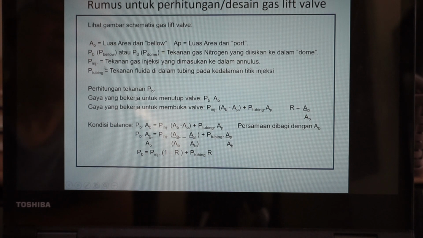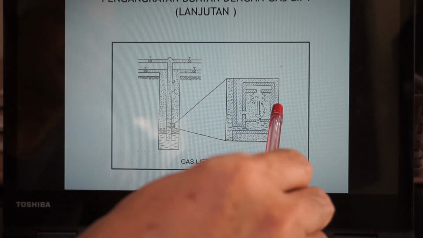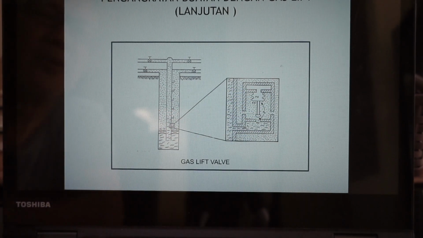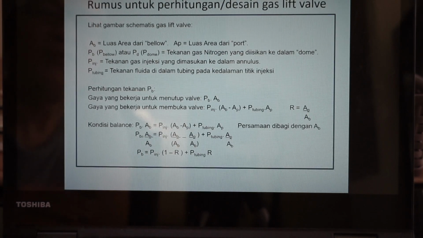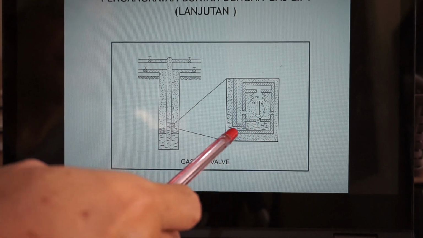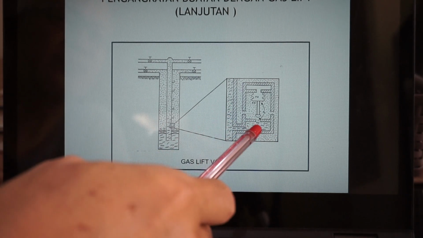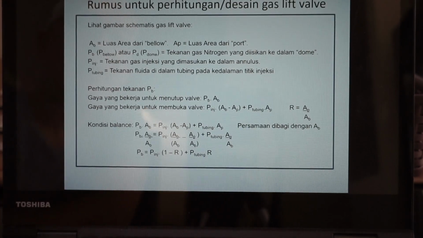P injection is the injection pressure from the annulus. P tubing is somewhere around here, and it goes to the tubing. This is from the annulus.